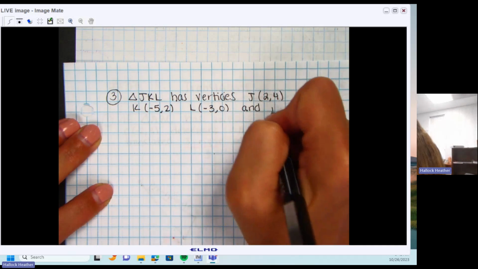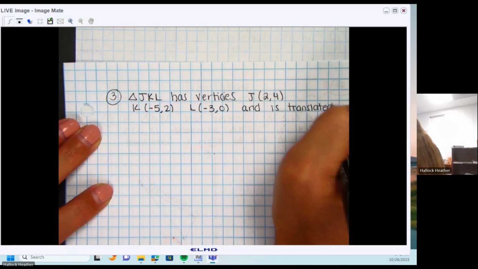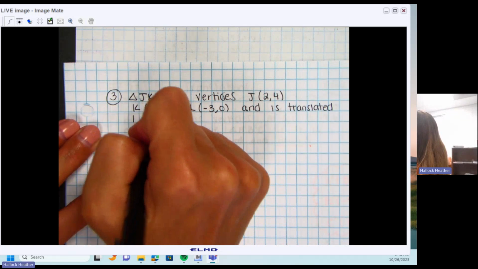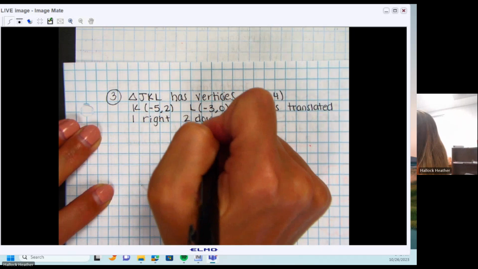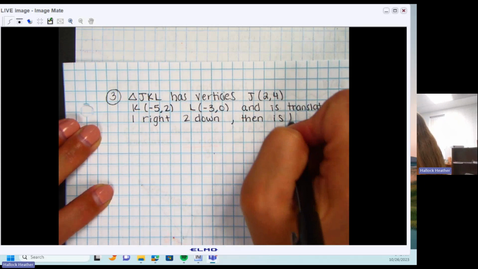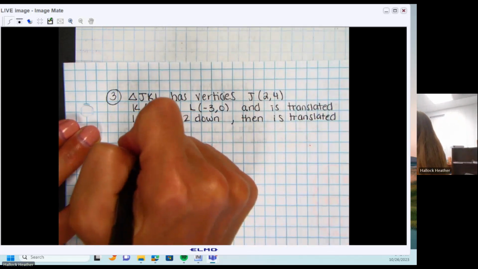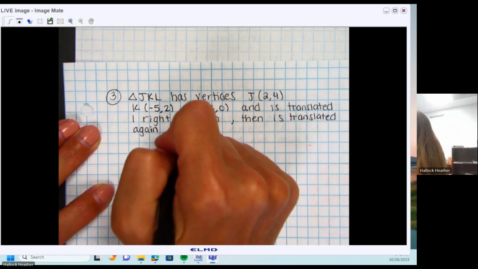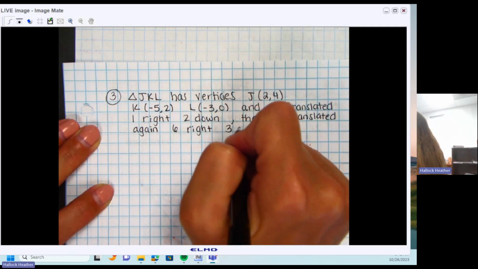And it's translated one right, 2 down, then is translated again, 6 right, 3 down.